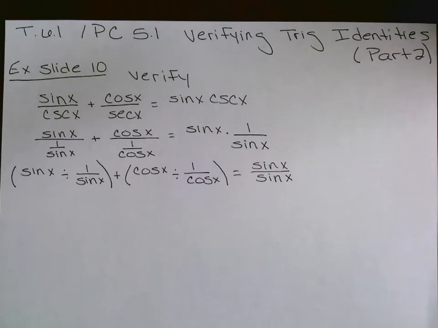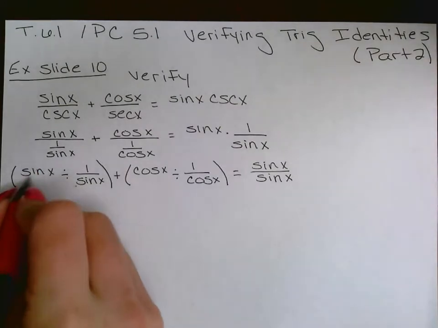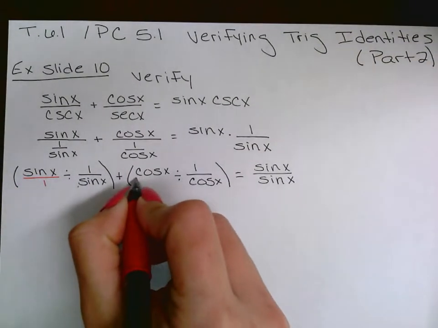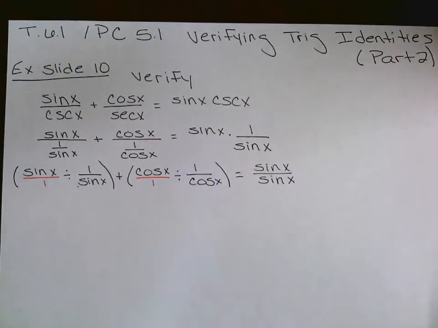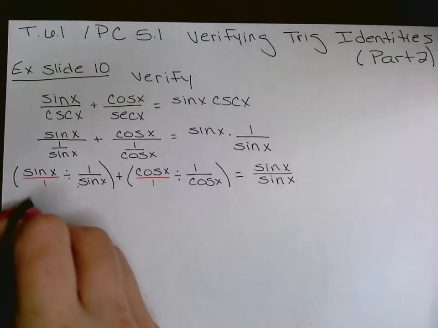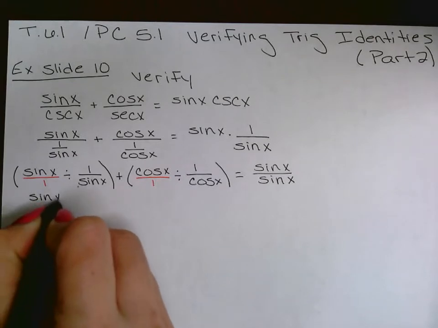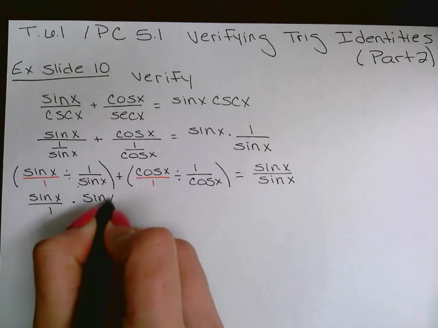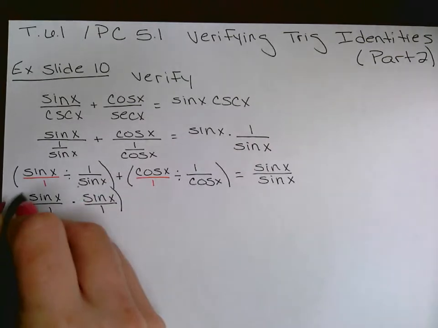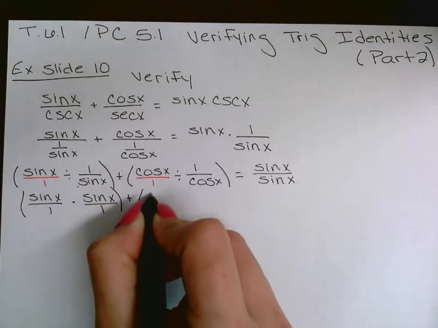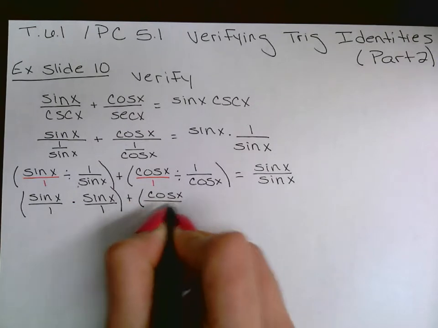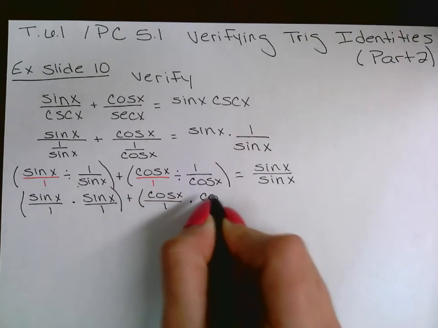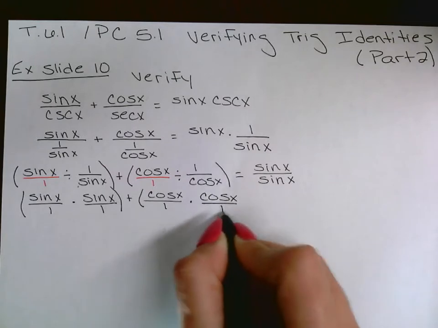Okay? Now, on this left side, I am dividing fractions. What do I do when I divide fractions? Keep, change, flip, or multiply by the reciprocal. Very nice. So I have sine over 1 times, and I flip this one to sine over 1, plus cosine over 1 times cosine over 1.